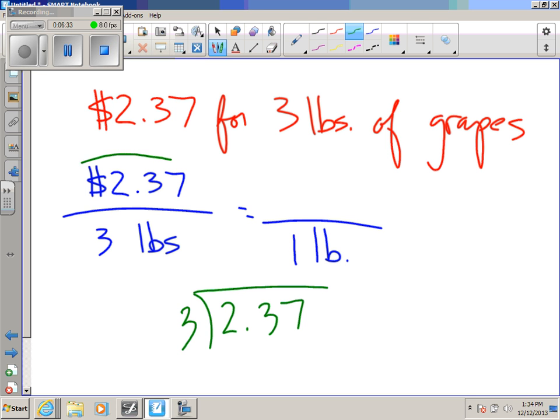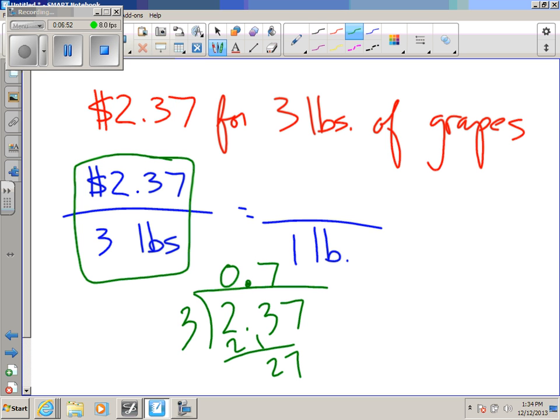Like we said, this essentially is a division problem. The bottom number always goes on the outside. When I divide with the decimal, the first thing I do is move the decimal up if that's a whole number. Does 3 go into 2? It does not. It goes in 7 and 9.